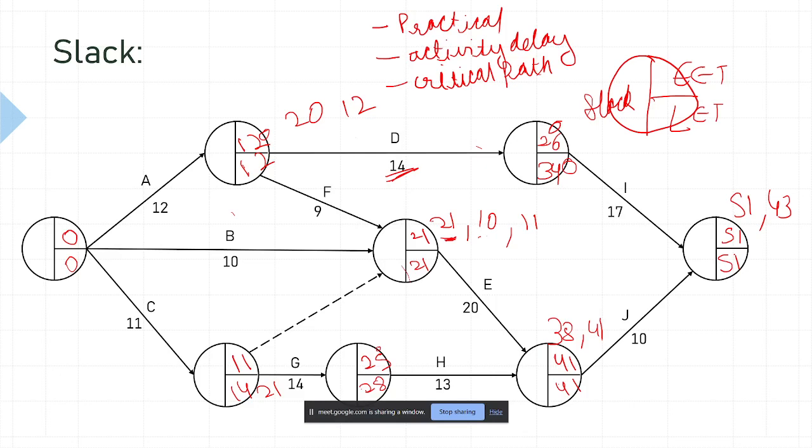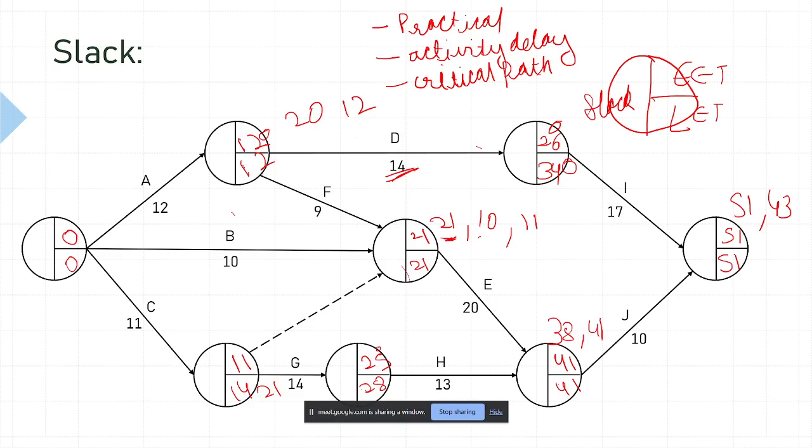So now coming to the second point, activity delay. Don't you think that if you are talking about Slack and calculating it on the event, it should only talk about event delay and not activity delay? I mean, just a thought for you. We are calculating it at an event, right? Not an activity.